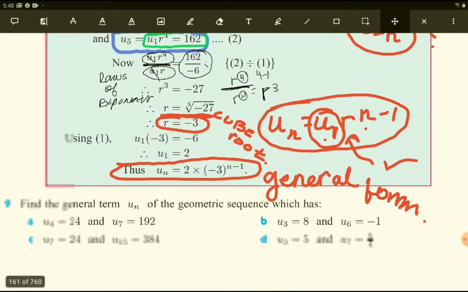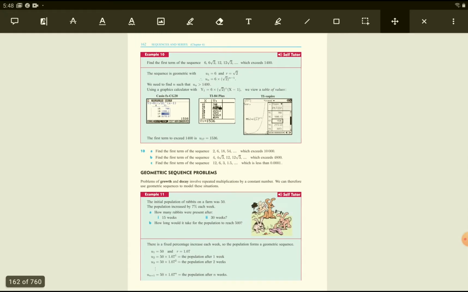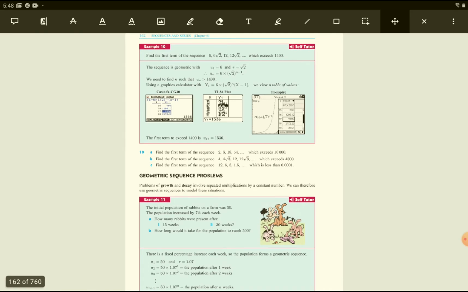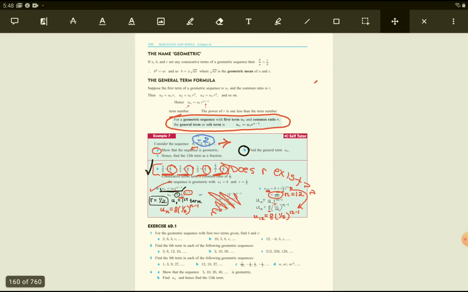Okay, I know it's kind of weird. Let me see if I can find another good example. I don't like those. I don't want to talk about those. Okay, let's do an example.